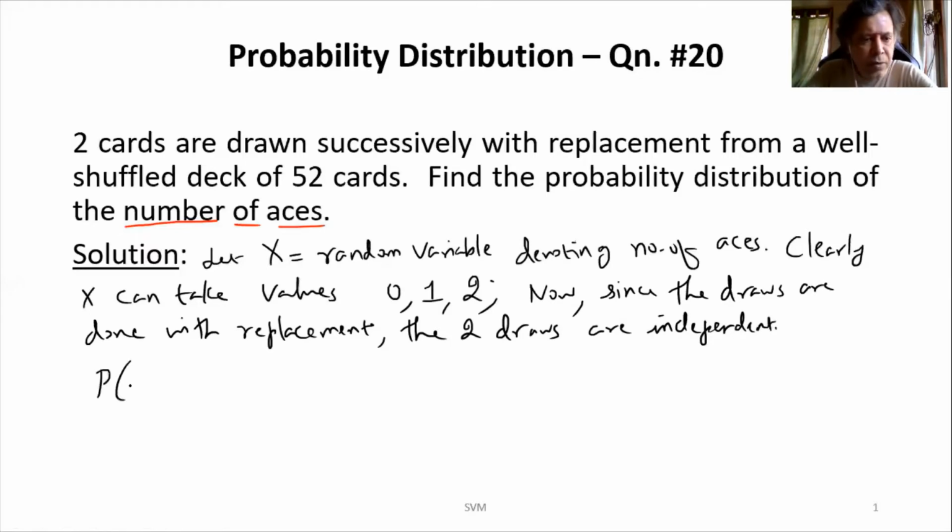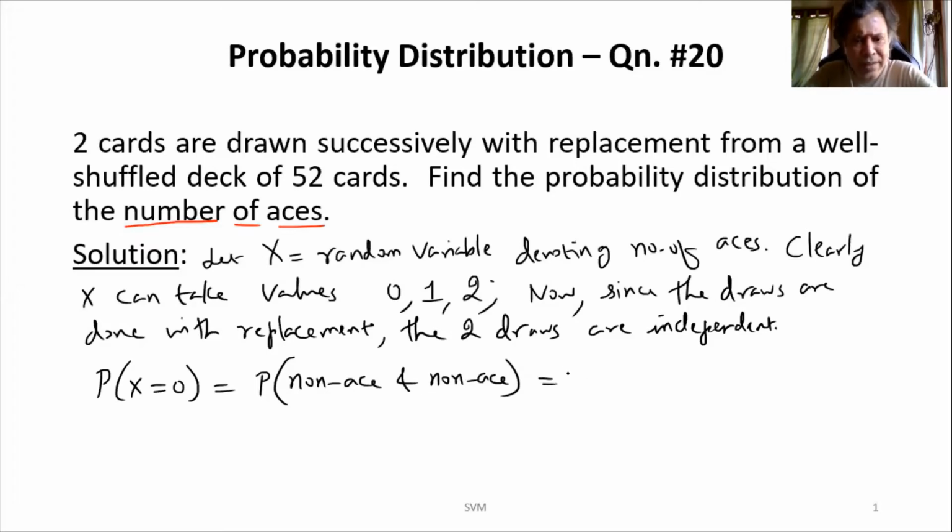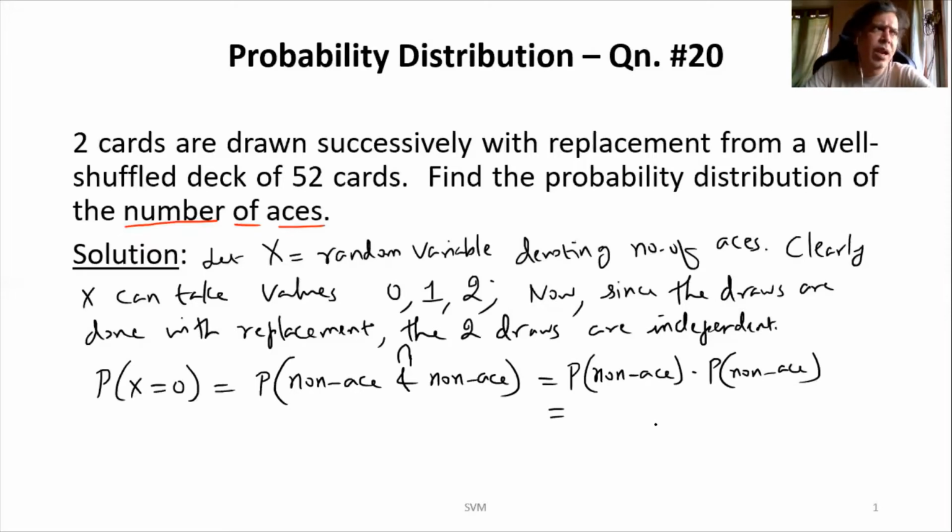First, let us find the probability of X equal to 0. That means 0 aces: the first card should be a non-ace and the second card also a non-ace. Since the draws are independent, I can write it as the multiplication of the probability of non-ace and the probability of non-ace. There are 4 aces in a pack of cards, so 48 cards are non-ace.